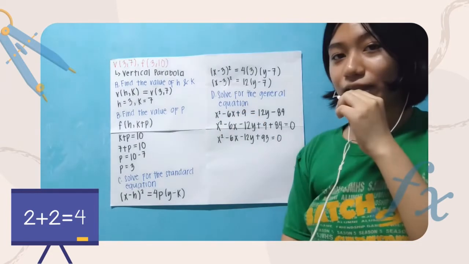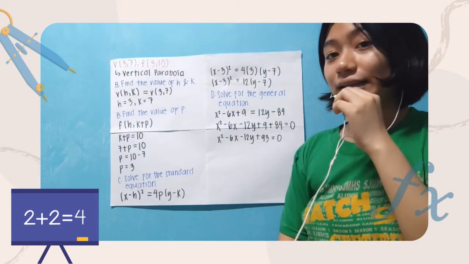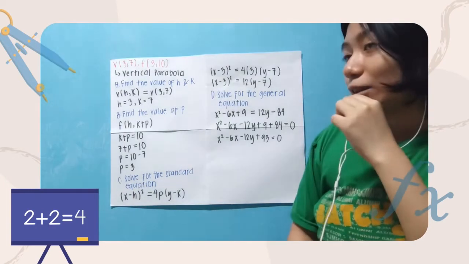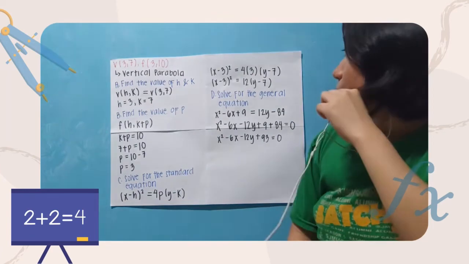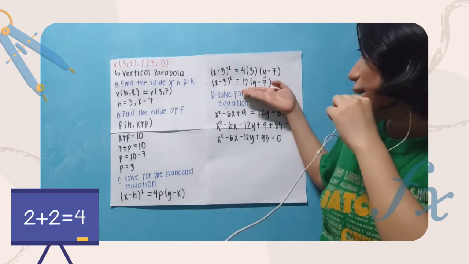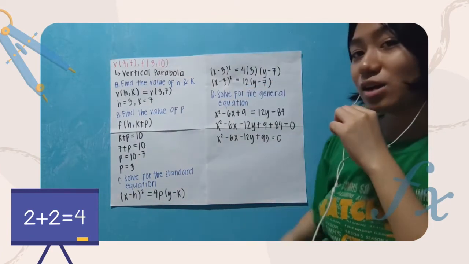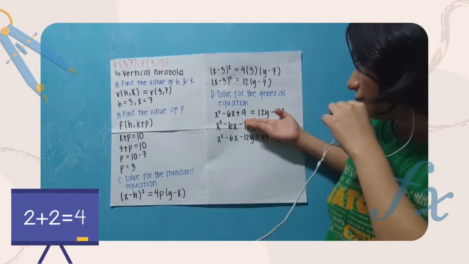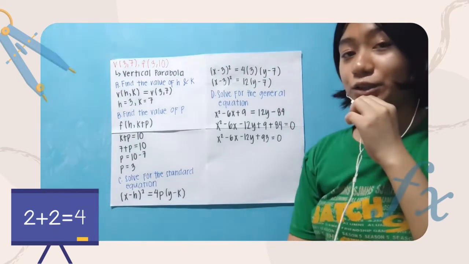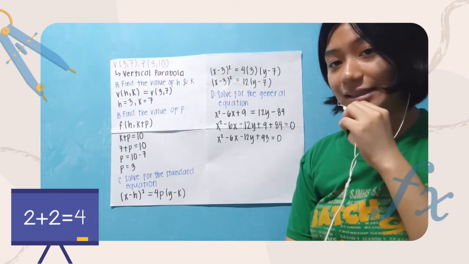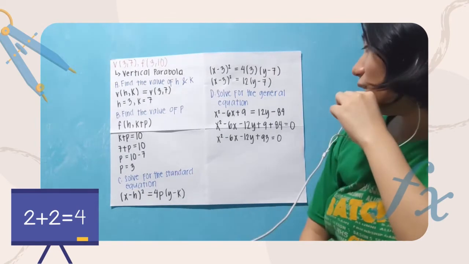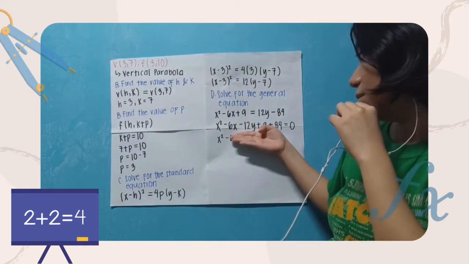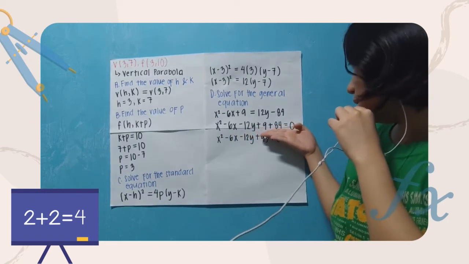On the other hand, we need to distribute the constant, which is 12, to the quantity of y minus 7, and that gives us 12y minus 84. After that, we just need to move everything to the left hand side, and that becomes x squared minus 6x minus 12y plus 9 plus 84 equals 0.